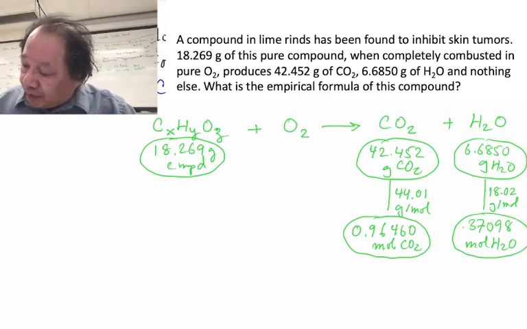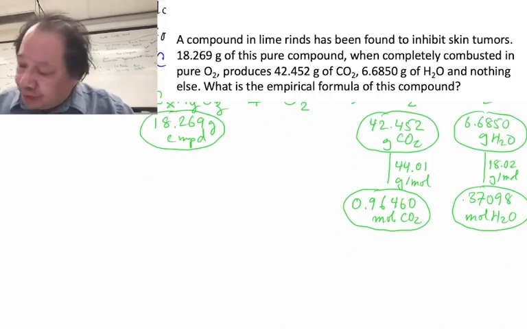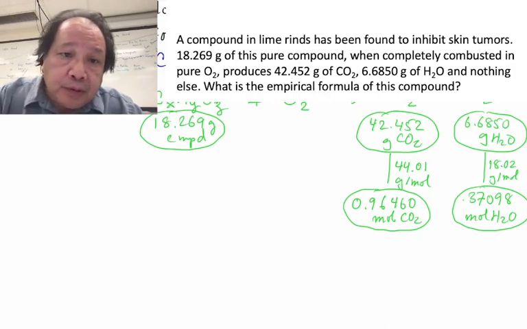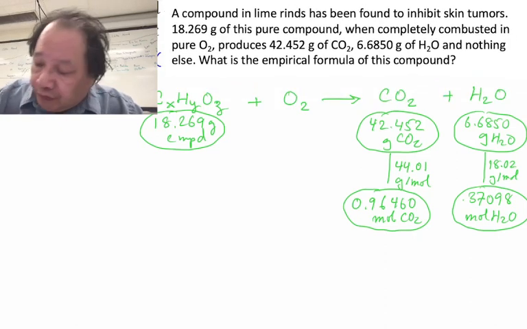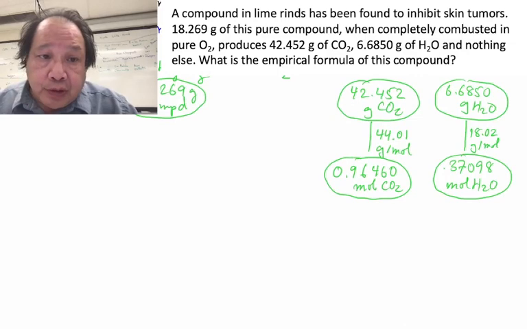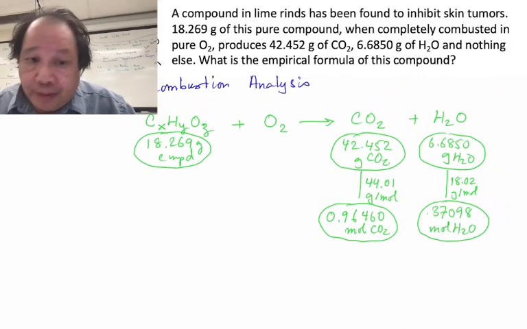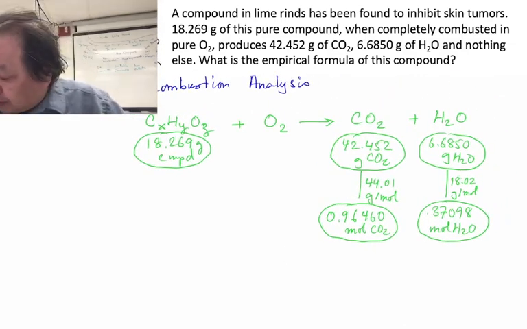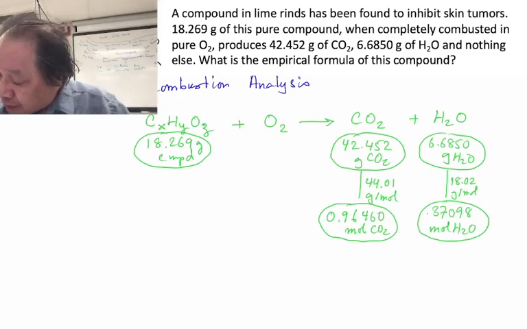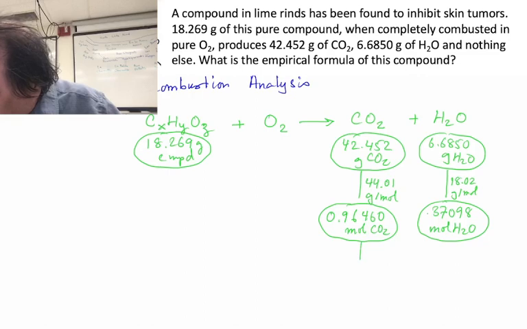And if we know the number of moles of the molecules, we can produce the number of moles of carbon and hydrogen. We have 0.96460 moles of carbon.